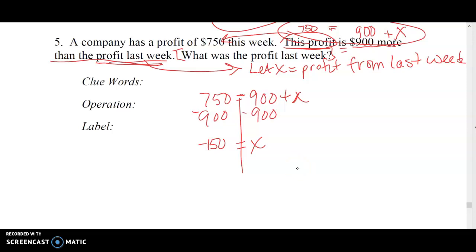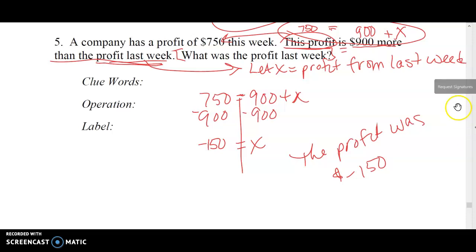So your final answer is the profit was negative $150. Not a good profit. Okay, so when you are asked to write an equation, you're not going to see the words write an expression in simplest form for it. It's just going to give you a situation and ask you to work it through.